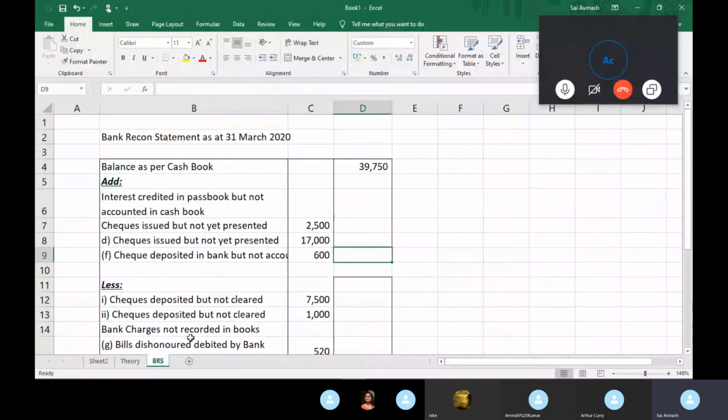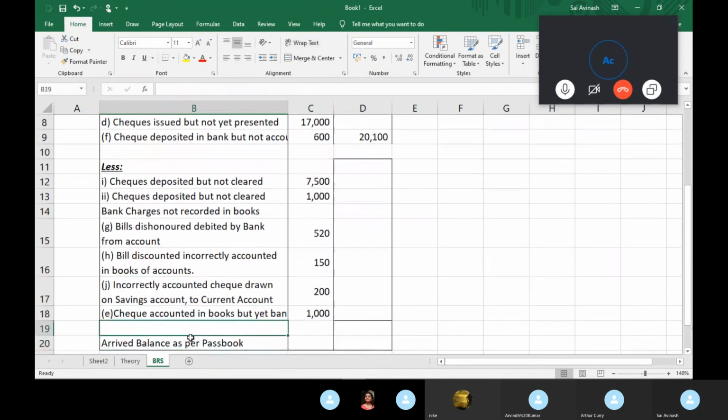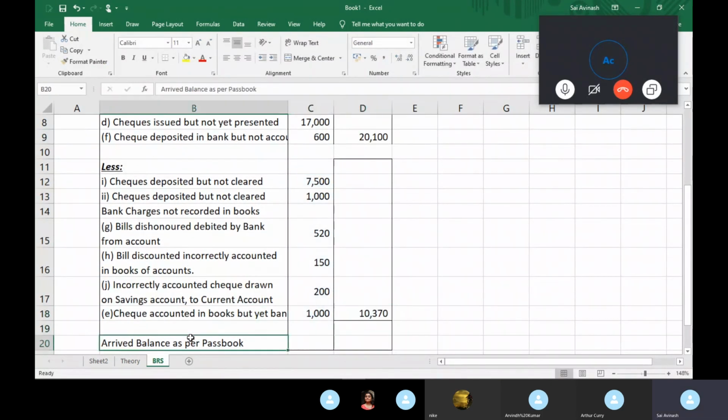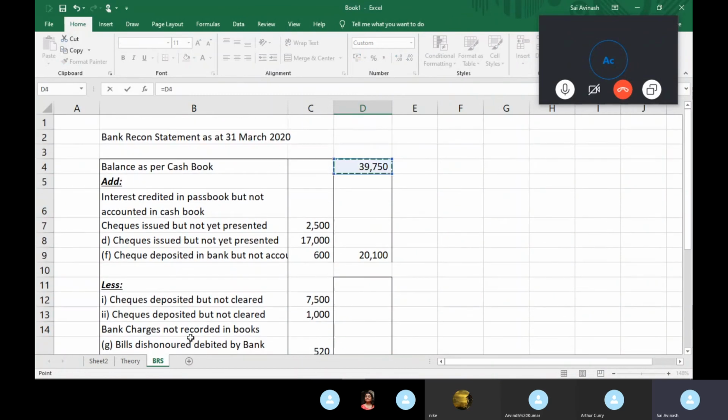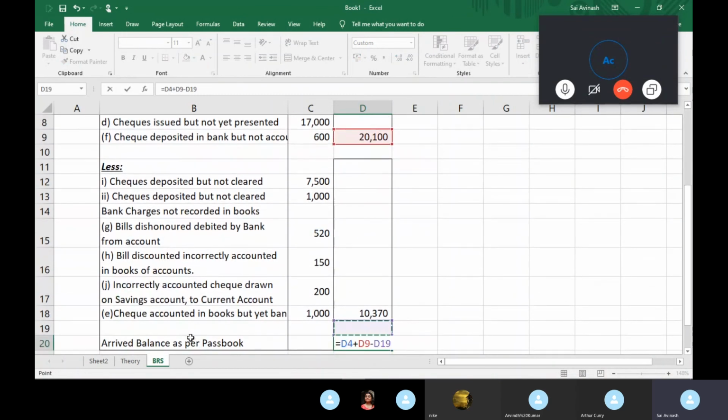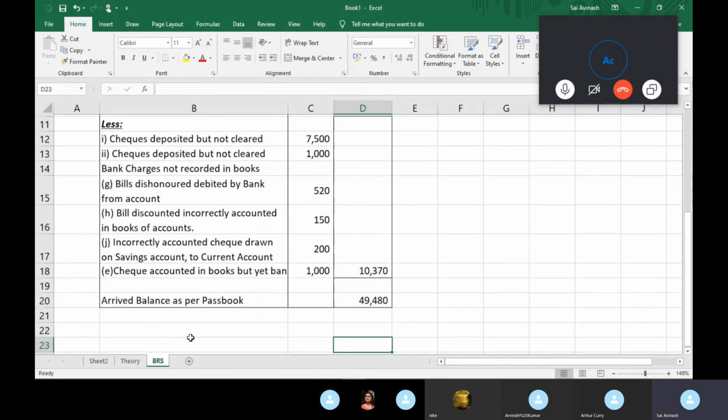What happens? I'm supposed to add all these numbers, right? And I'm supposed to subtract all of these numbers. So on the cash book balance, I add 2100 and I subtract 10,370.